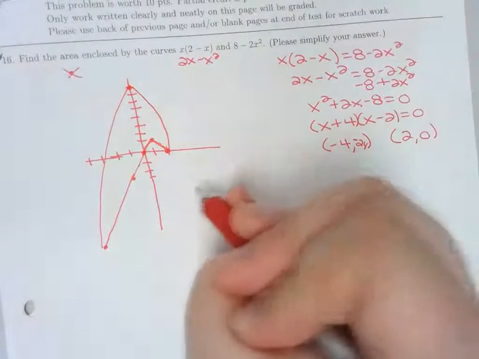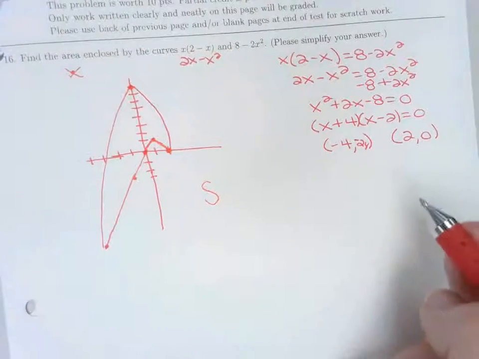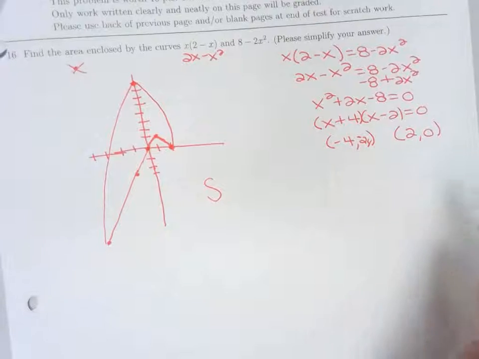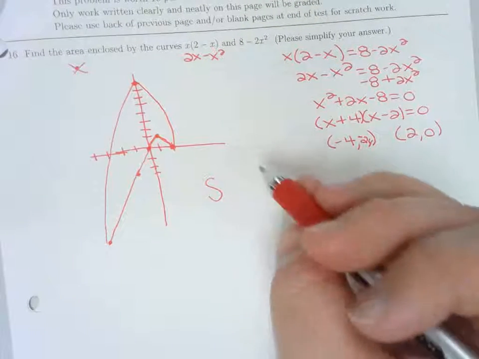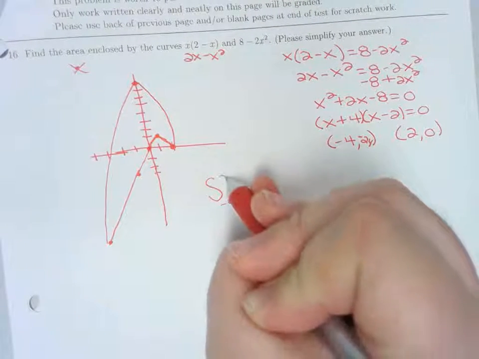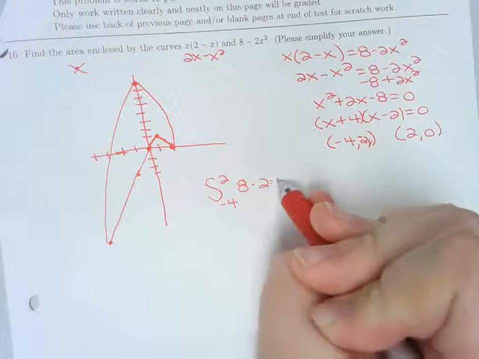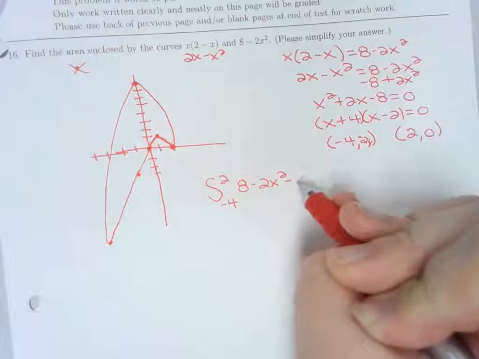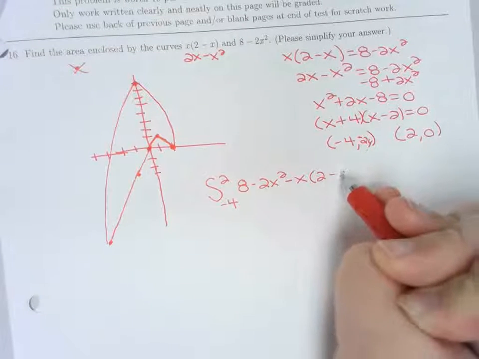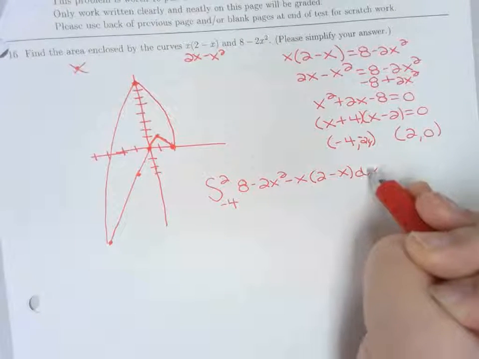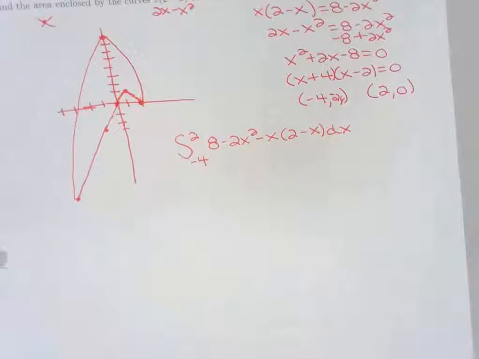As I set up my integral, it's in terms of x, so it's top minus bottom. And what x values am I between? -4 and 2. The top function is 8 minus 2x squared, minus x times (2 minus x), dx. I've seen it before. Hopefully if one appears, you're able to at least put forth an effort.